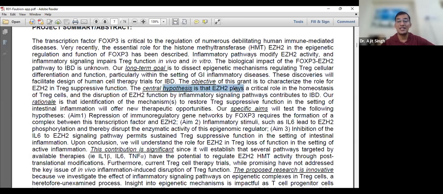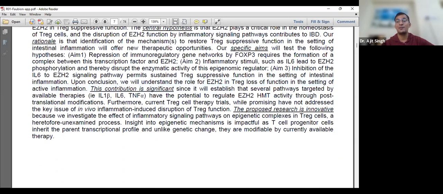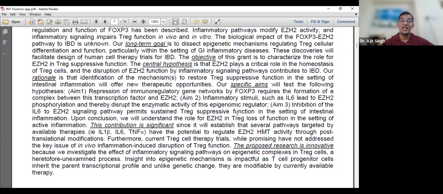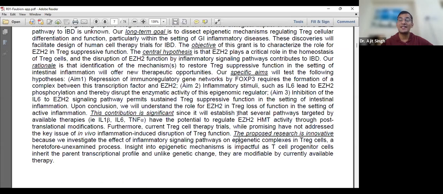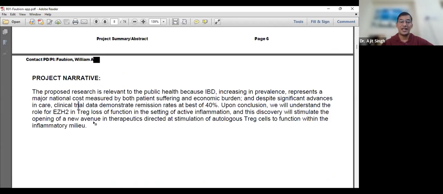The central hypothesis is this, rationale is this, specific aim is this, contribution is significant, and the proposed research is innovative because we investigate the effect of the inflammatory signaling pathway. Can you see how specifically they have mentioned and highlighted things even in the unorganized abstract, right? And then look at this project narrative.